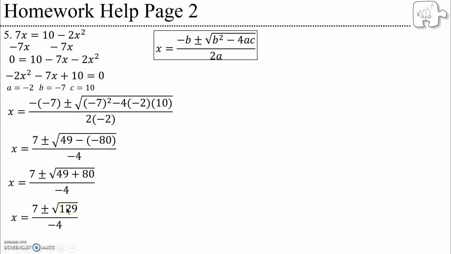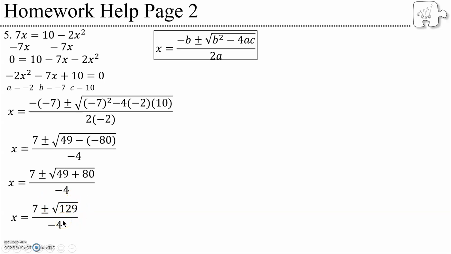And if we go up to 12, 12 times 12 is 144. So that's too big. And we don't see any decimals here, so it can't be any number in between 11 or 12 either. So there is no square root of 129.